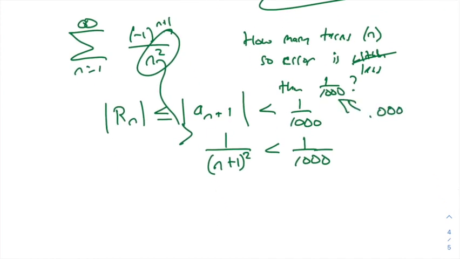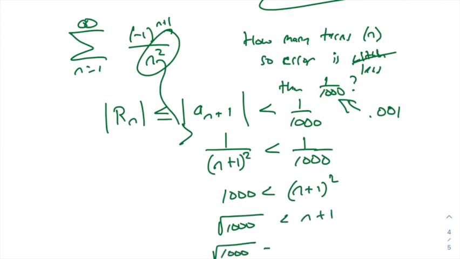This would probably be written as a decimal in the instructions, and then you would change it to 1 over 1,000. Now we can cross multiply: you get 1,000 on the left side, n plus 1 squared on the right side. We take the square root of both sides: square root of 1,000 equals n plus 1. We subtract the 1, so n equals the square root of 1,000 minus 1.